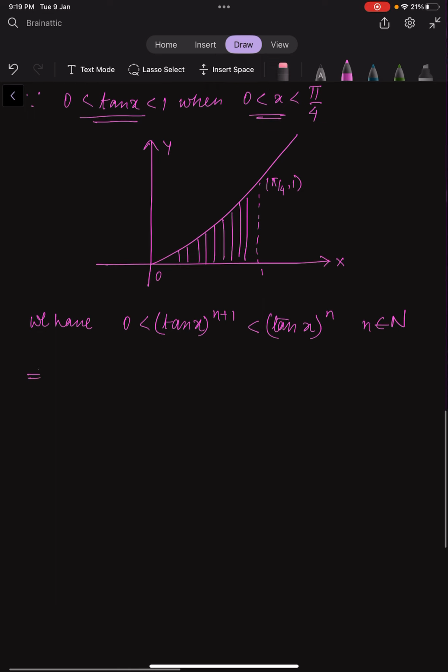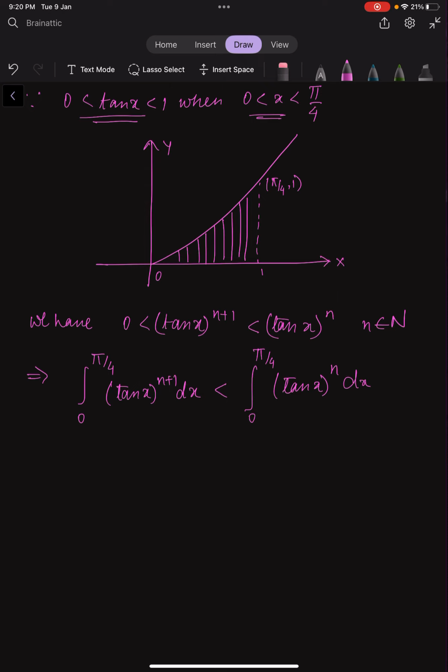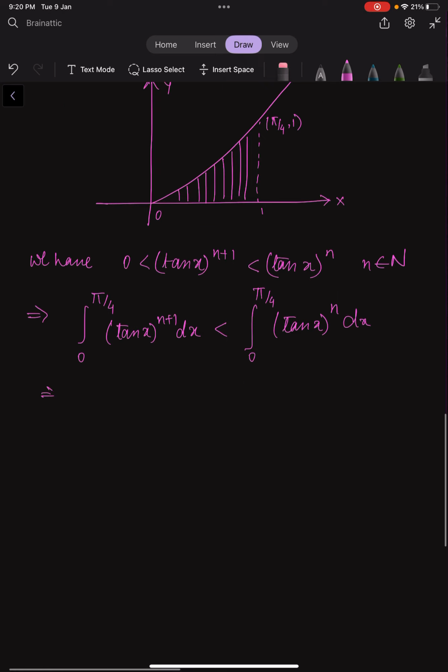So this implies that the integration from 0 to pi by 4 of tan x to the power n plus 1 dx will also be less than the integration from 0 to pi by 4 of tan x to the power n dx. So this therefore implies that A(n+1) is less than An.